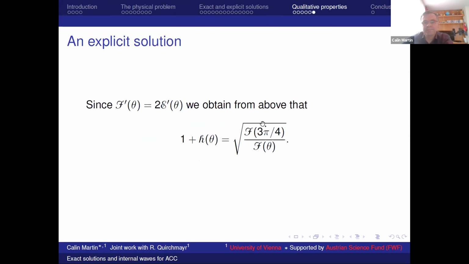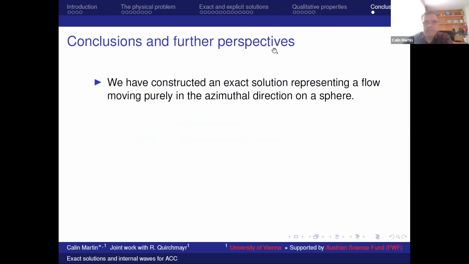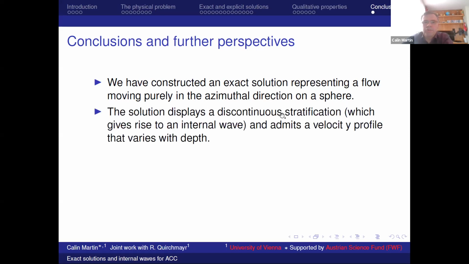So I will stop here by concluding by recalling that we constructed an exact solution that represents a flow that moves in the azimuthal direction without variations in that direction. The flow is given in terms of spherical coordinates, so it is a flow that exists on a sphere, and the solution displays a discontinuous stratification, which gives rise to an internal wave, and the solution also admits a velocity profile that varies with depth.